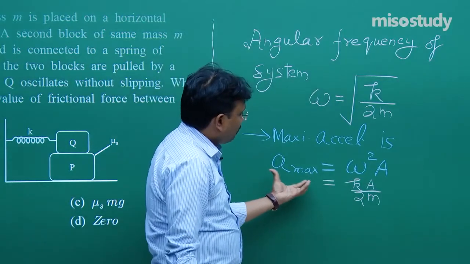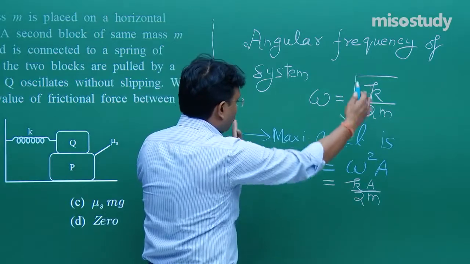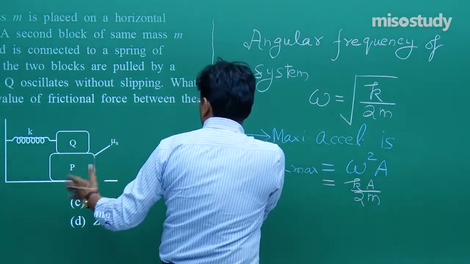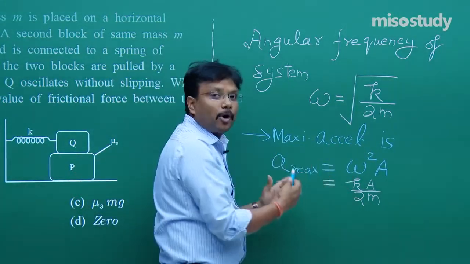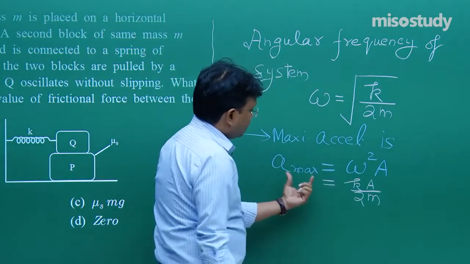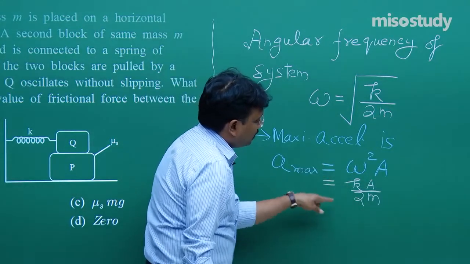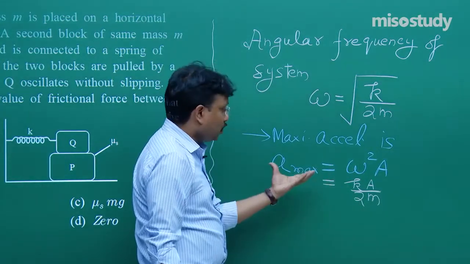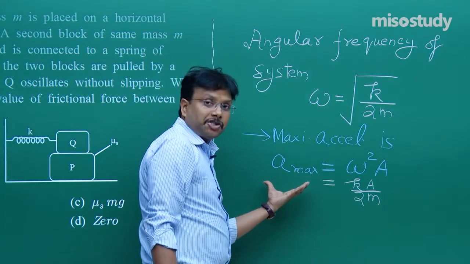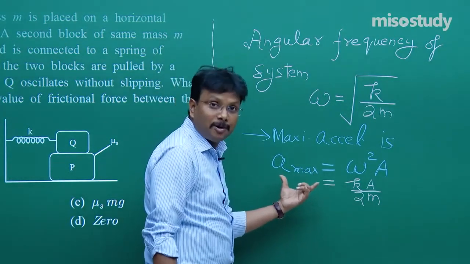Now lower block, that is P, that's why I am always trying to be near the question, so that at some point of time if it is required I can show you. So lower block, imagine the lower block will get this acceleration, fine, due to friction. Actually this acceleration in terms of this frictional force, lower block will experience that.